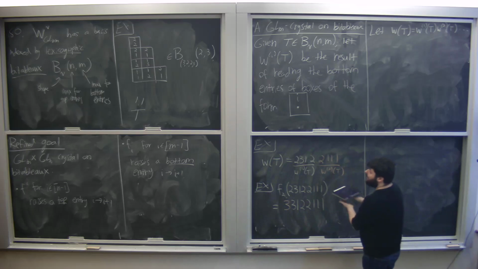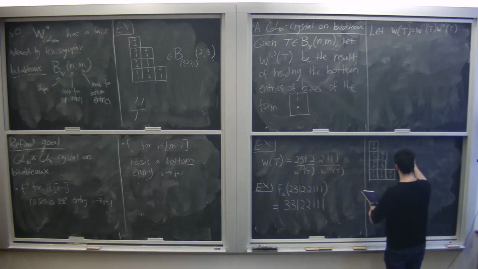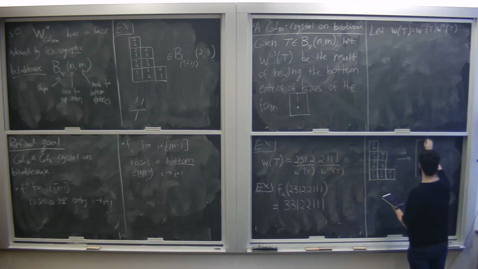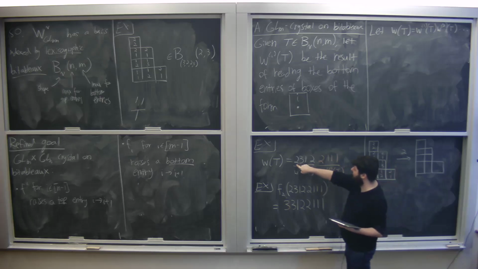What this means is if I take this bitableau, 1, 1, 1, 2, 2, 1, 1, 2, 1, 3, 2, 1, 2, 1, 2, 2, and apply this raising operator, I take wherever this corresponding 2 was, wherever I read it, and change it to a 3.